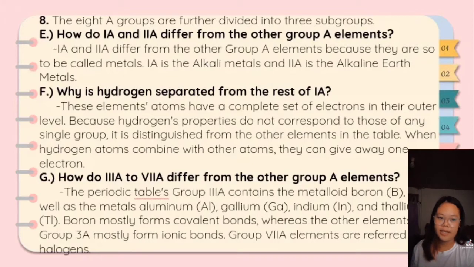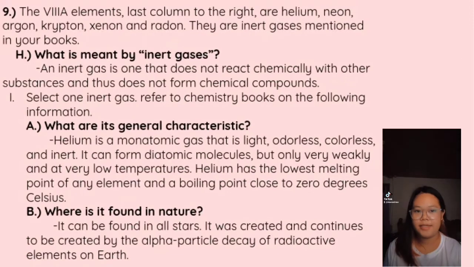Group 7A elements are referred to as halogens. Next, the group 8A elements, last column to the right, are helium, neon, argon, krypton, xenon, and radon. They are inert gases, as mentioned in your books. Question: what is meant by inert gases? An inert gas is one that does not react chemically with other substances and thus does not form chemical compounds.